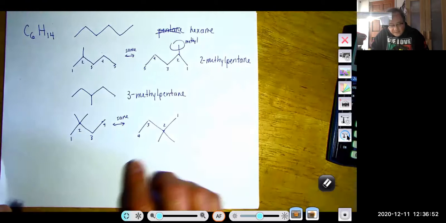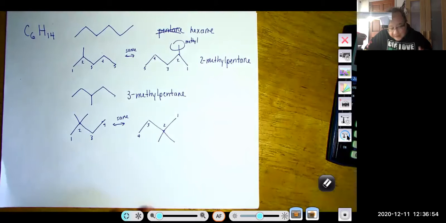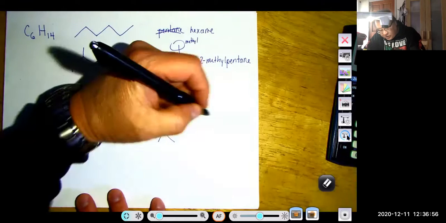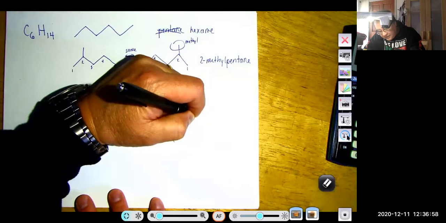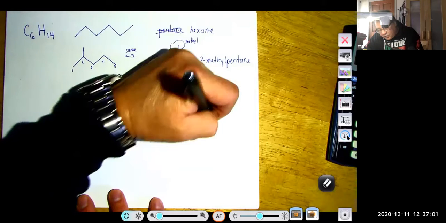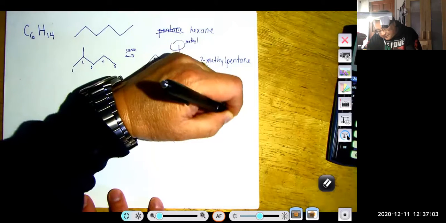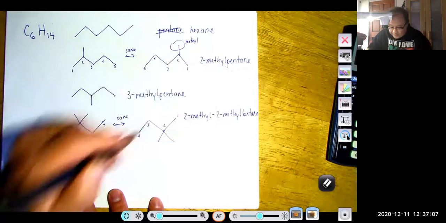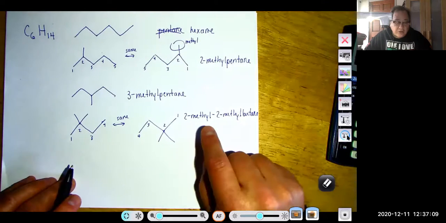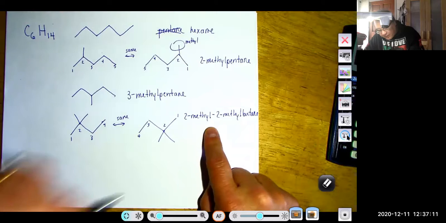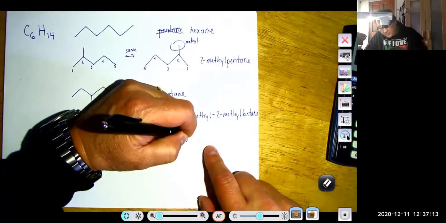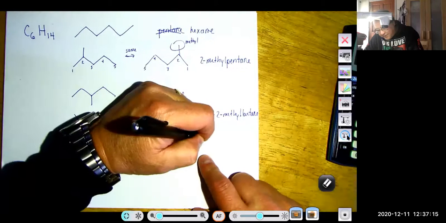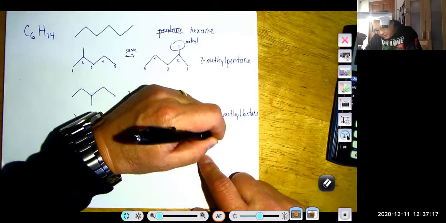And either one of these would be called the following, and then we would shorten it. It'd be called 2-methylbutane, because 4 is a butane. Now chemists don't like to do this. So instead we write 2,2-dimethylbutane.